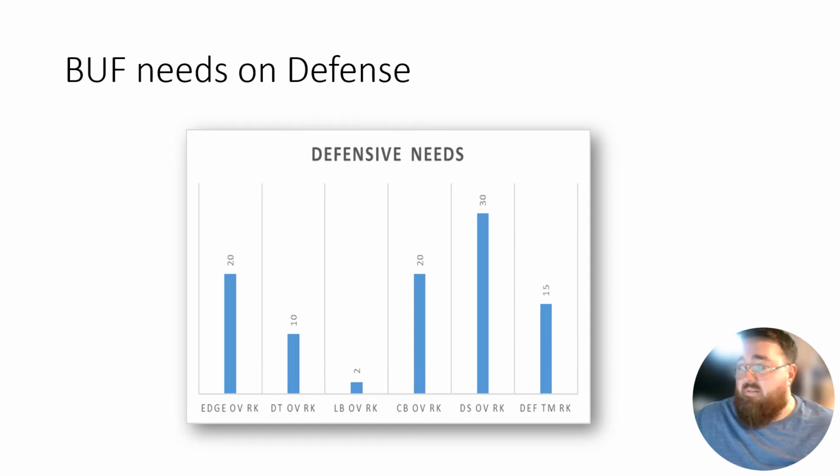On the defensive side of the football, edge is a need for them, as well as cornerback and safety. So these are the prospects that the Buffalo Bills should be targeting in the draft, based on the approximate value of them on their roster that they had coming into the draft.